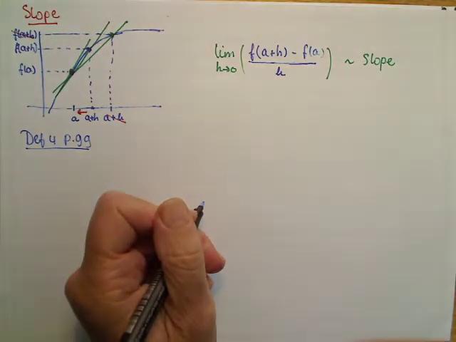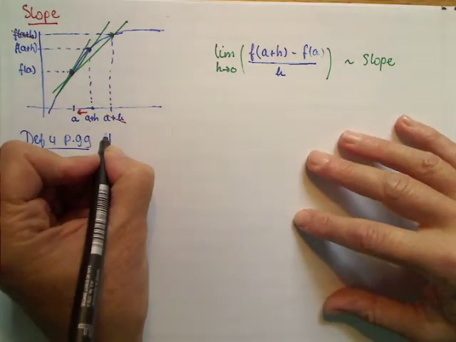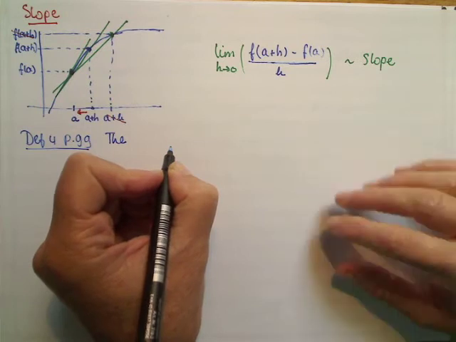And so, how is it defined? We call the slope, now renamed, the derivative.